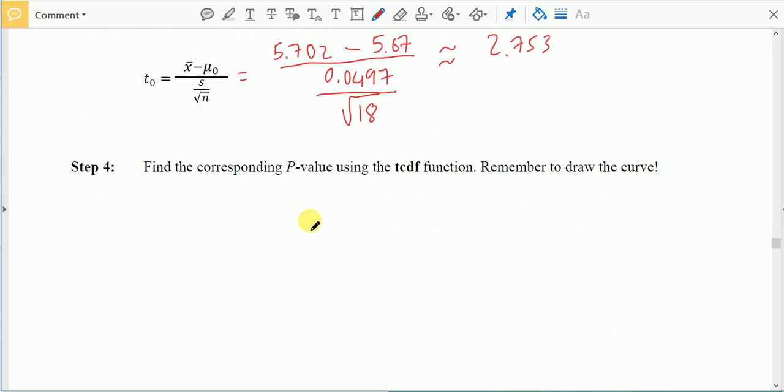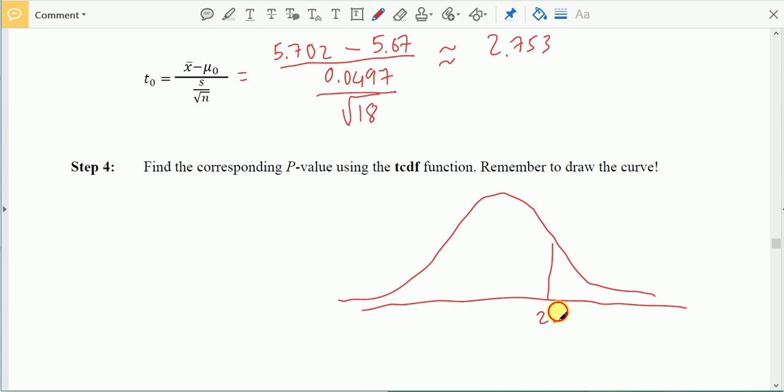Now once you have that, you can find the p-value, but before that, let's draw the curve. This is positive, so it's on the right side, right? So this is 2.753, and the left side should be the negative of that, negative 2.753. So this is a two-tailed problem, so we need to find the area under the curve.